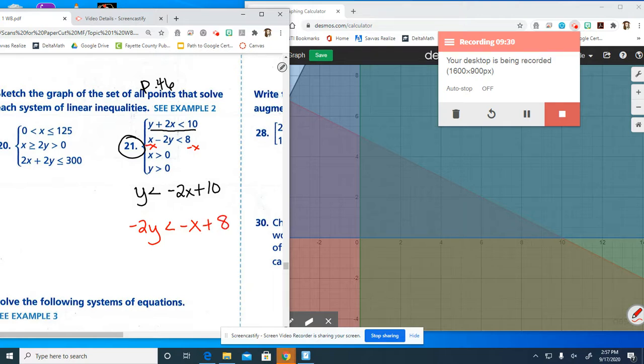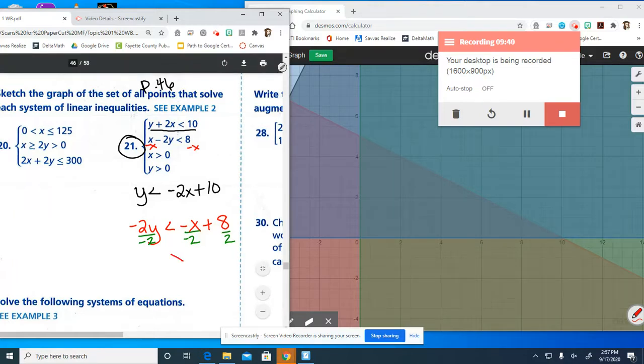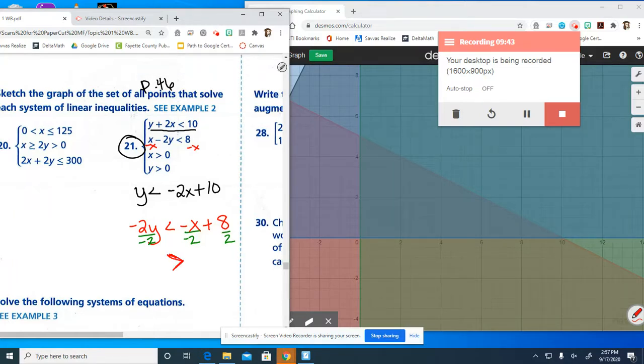And I need to divide everything by negative. But remember, anytime you divide or multiply by a negative and you're working with inequalities, you need to switch the way that inequality faces. So make sure it switches. So now we have y is greater than positive 1/2 x, and I'm dividing by negative, minus 4.